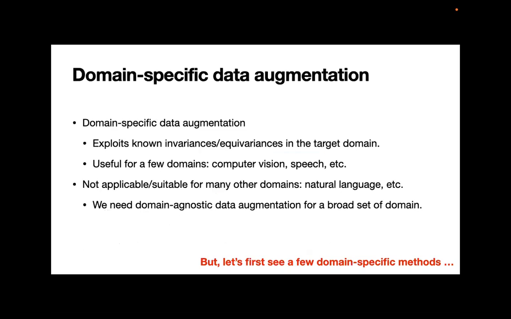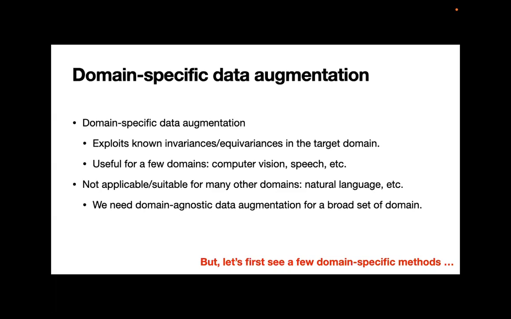So let's look at some domain-specific data augmentation, where we try to exploit the known invariances and equivariances in the target domain. They tend to be very useful for a few domains that we know, computer vision, speech, all these domains where humanity has studied for the past century or so what we can do to the image or the speech so that the actual content doesn't change.